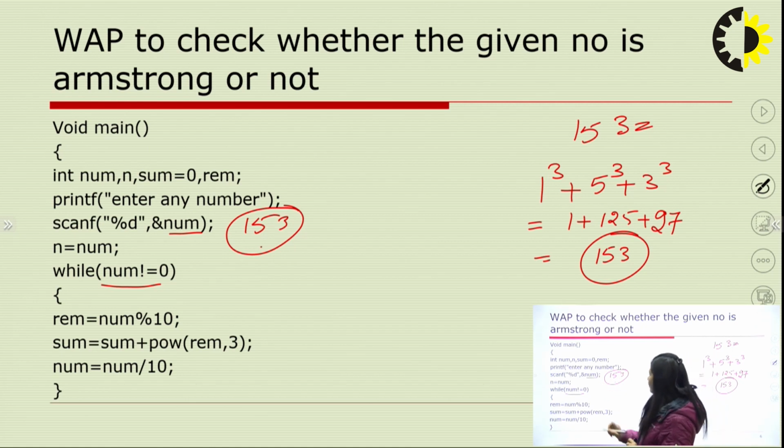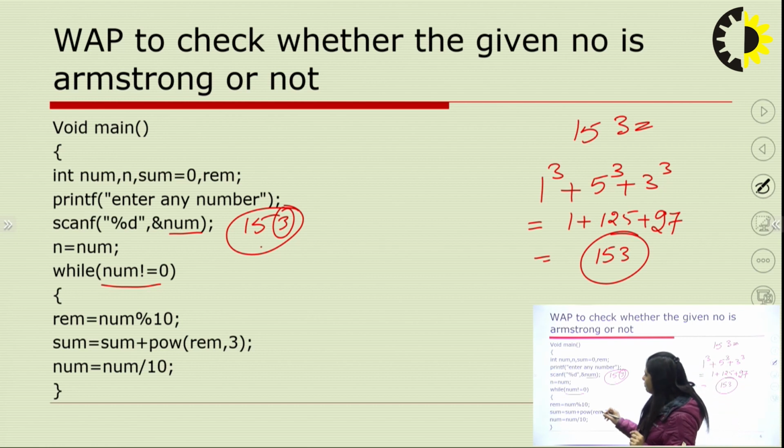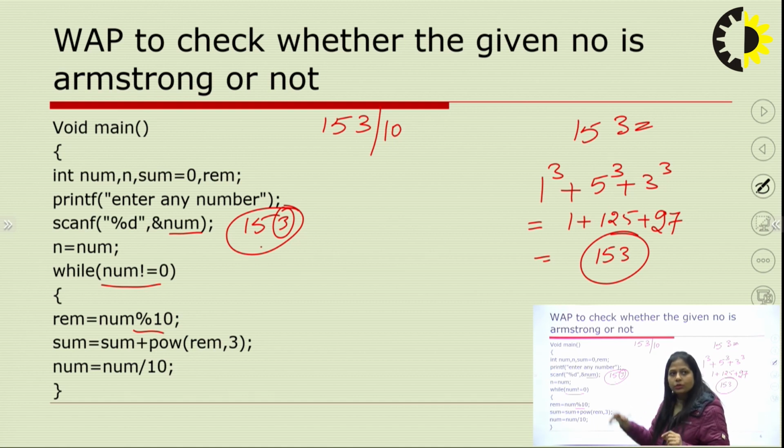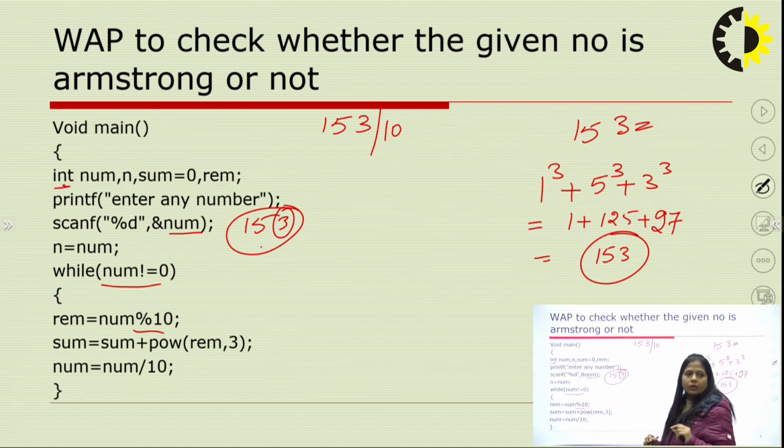Okay, fine. I want this number. I have applied the modulus operator. What does the modulus operator do? It simply returns the remainder. Okay, fine. That means if I divide 153 by 10, because it is of integer type, what remainder will I have?